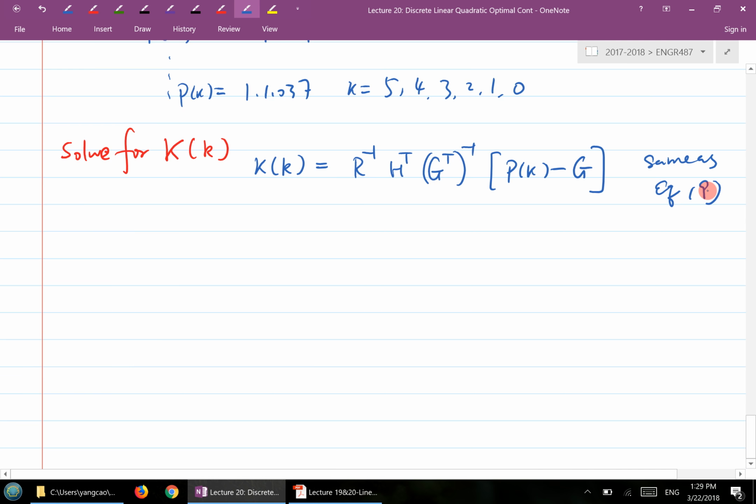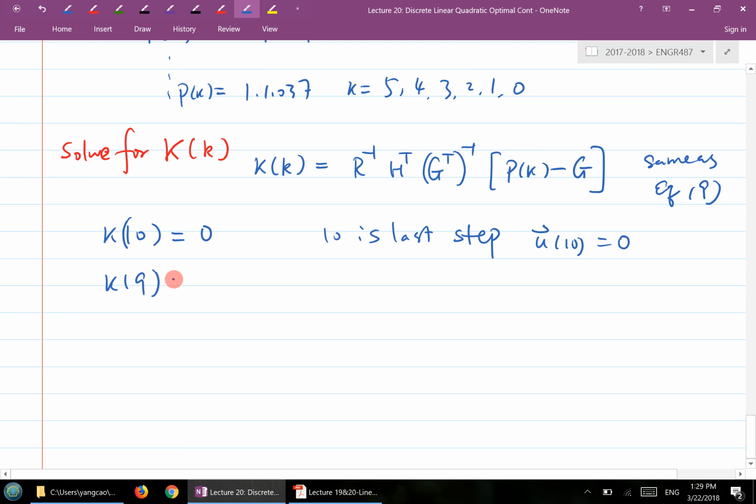I'm going to plug in all the numbers now. So you get K10 equal to 0, because for the last step, remember, we want our last step to be 0.